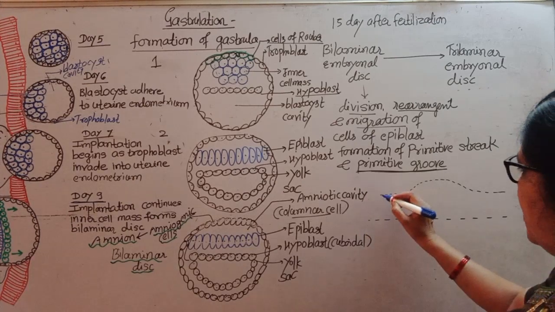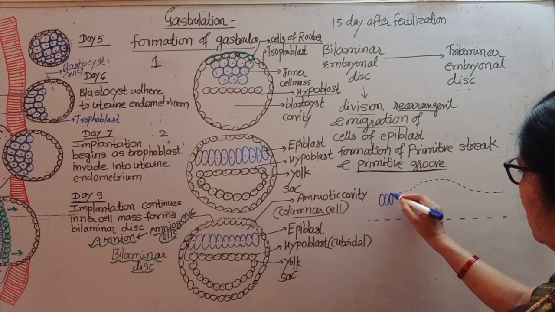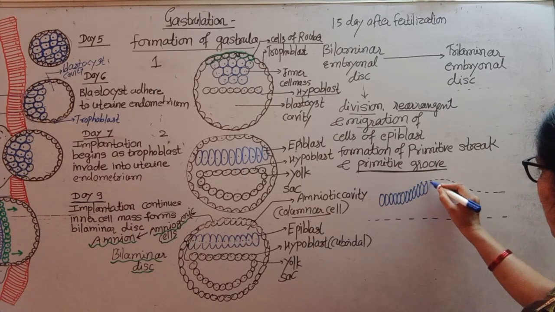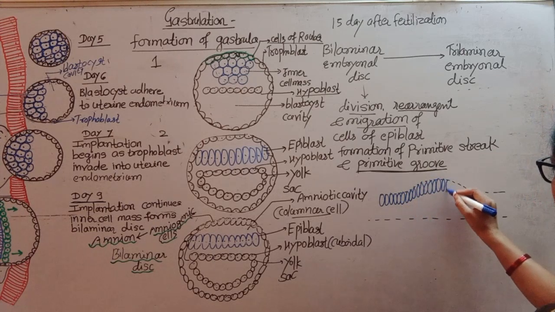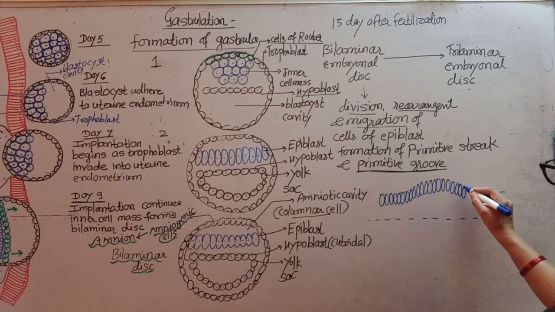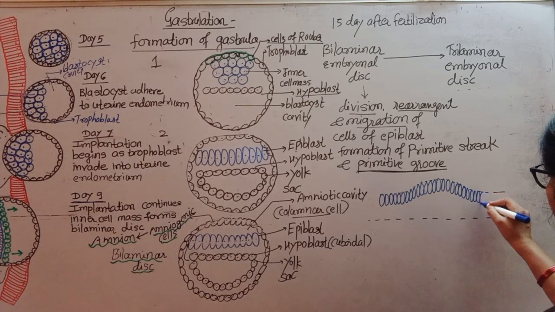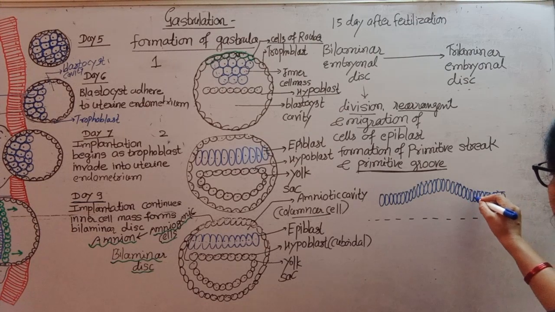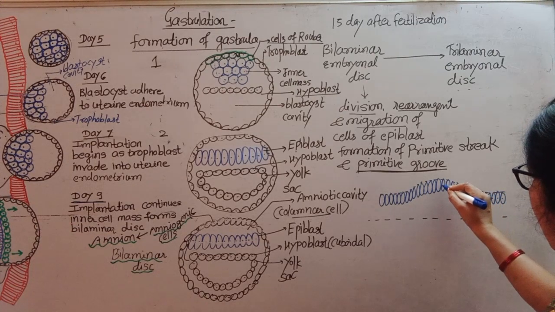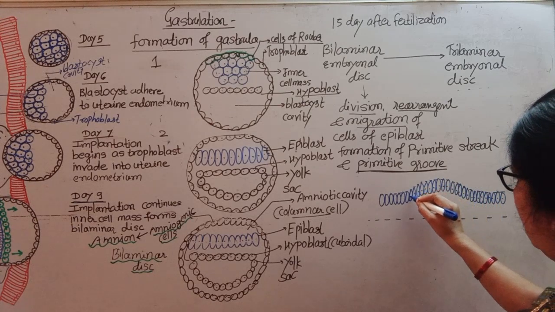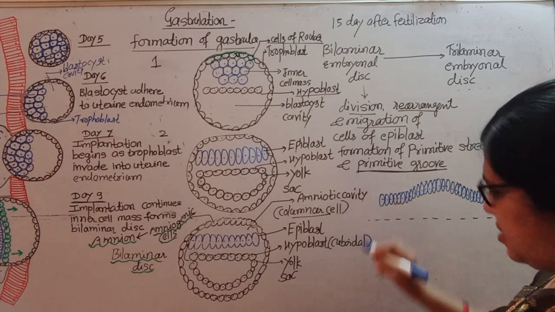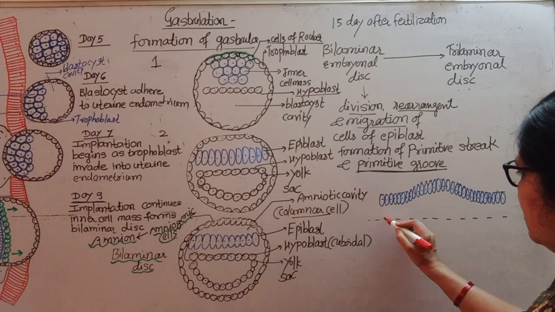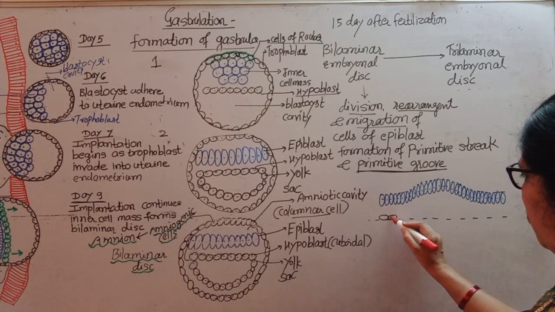These are epiblast cells, and below these epiblast cells, this is hypoblast.